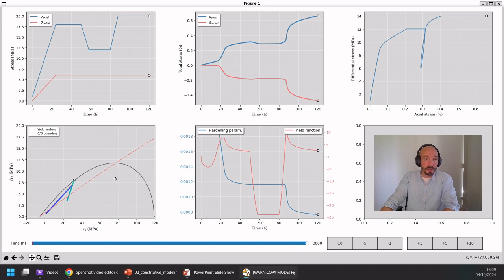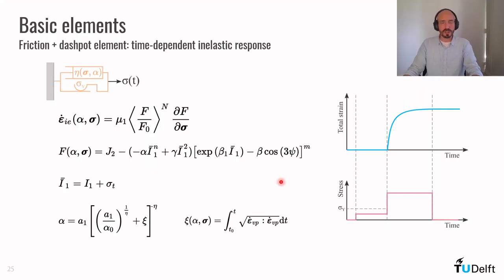You see, now there is a very large region that we can move here without triggering viscoplastic deformation. Okay, so basically this is how the viscoplastic element works. It's not so trivial as it looks, but this is how it works.